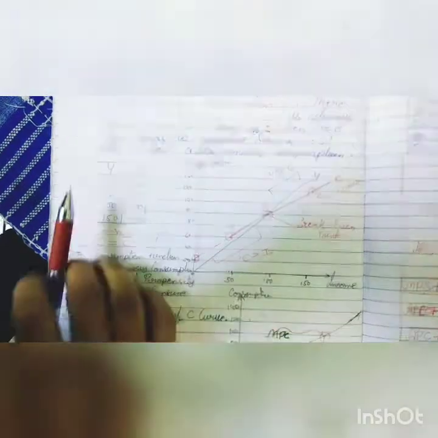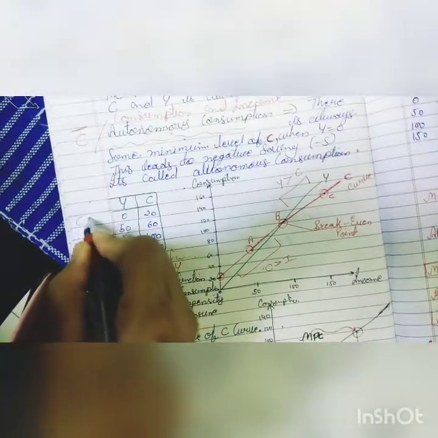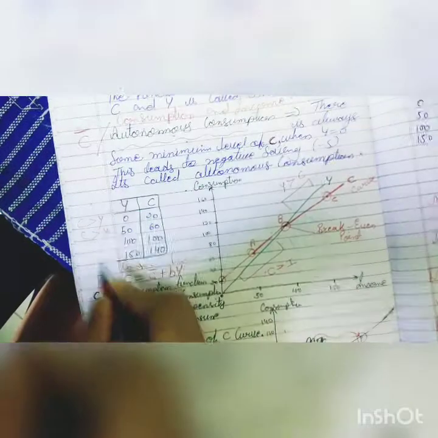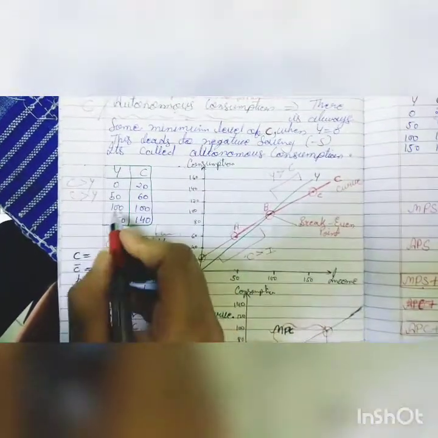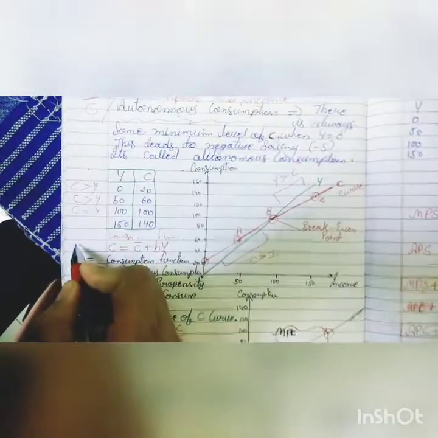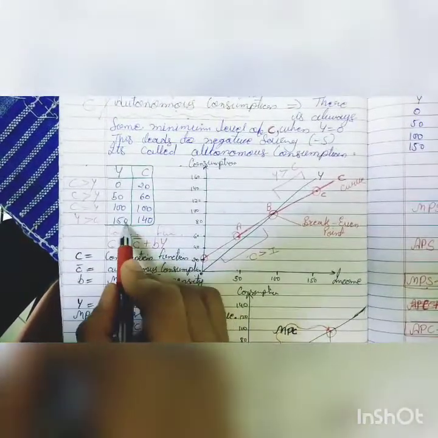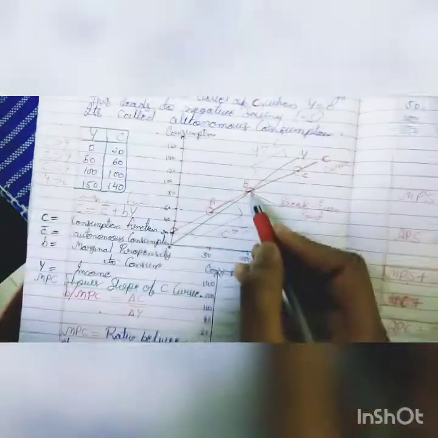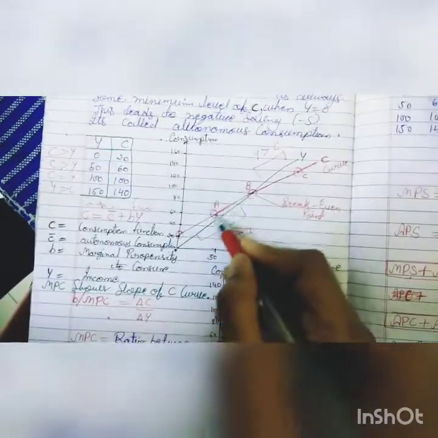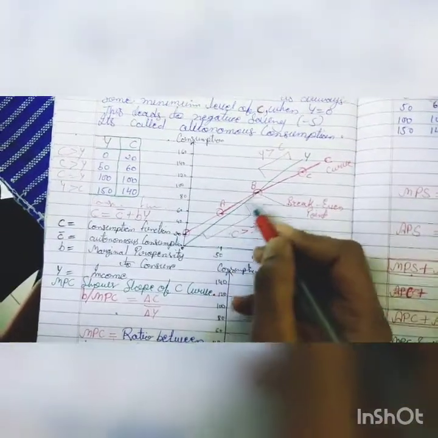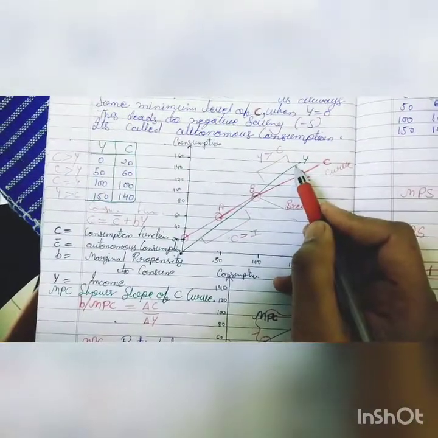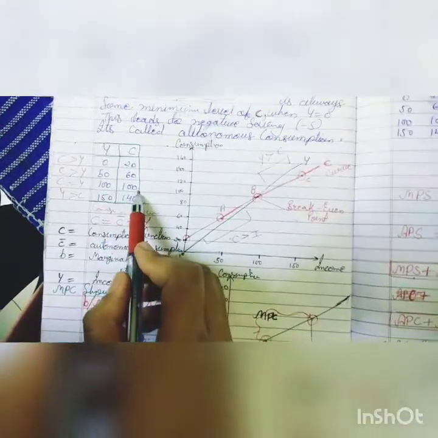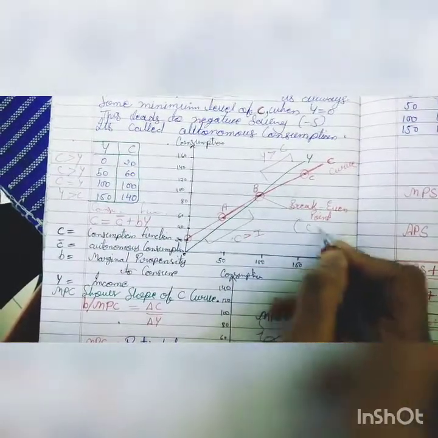So before the break even point, consumption is always greater than income. At the break even point, C equals Y, at 100. After the break even point, income is greater than consumption, Y is greater than C.